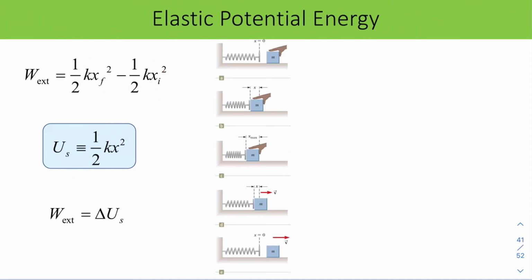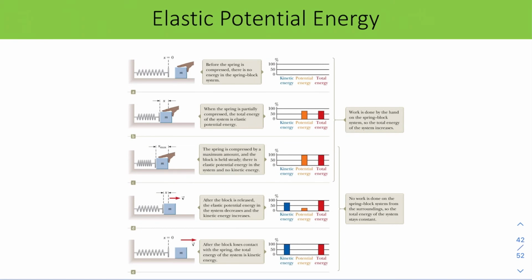This is a recall, and we know that potential energy in a spring is equivalent to half k x squared. So the change in U_s is equivalent to W external. We can analyze from figure A up to figure E in terms of this. So this is the analysis of the elastic potential energy within a spring.